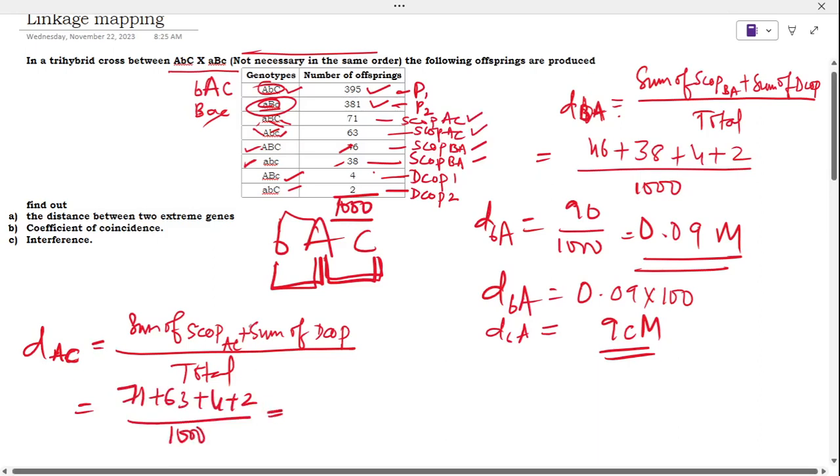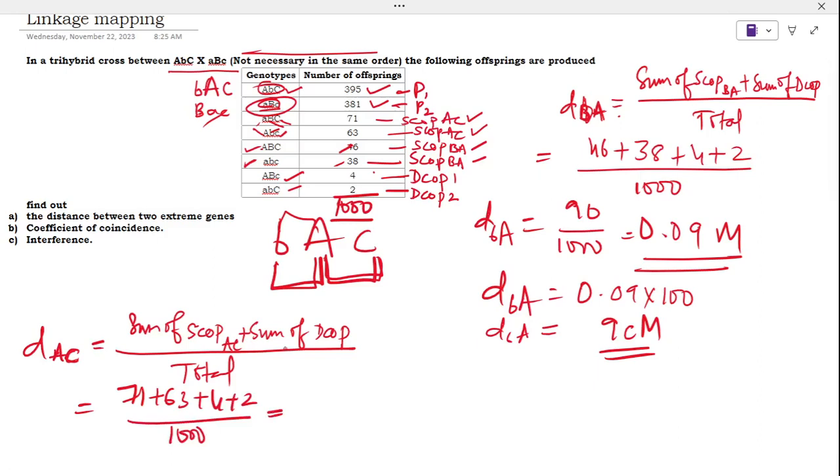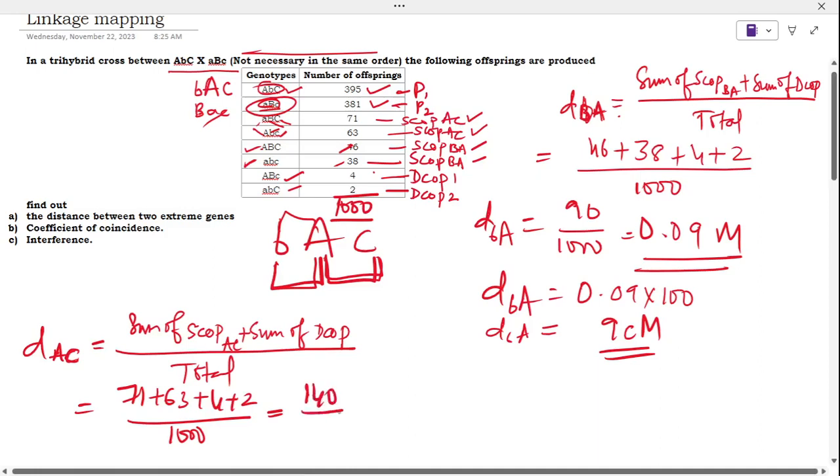That is equal to 71 plus 63 plus 4 plus 2, which is 140, and 140 divided by 1000. So that comes to 0.14 Morgan. If you want to convert that into centimorgan, 0.14 into 100, that is 14 centimorgan.